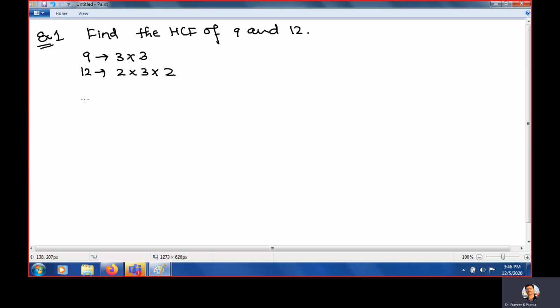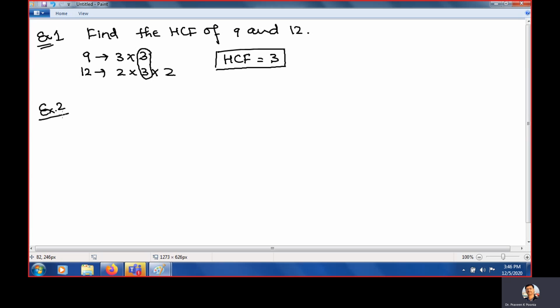Clear? If you see here, only one number is common, this 3. Because only one number is common, the HCF is 3. That we have already studied in the last chapter.